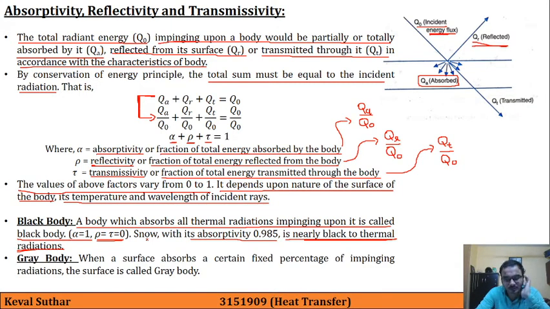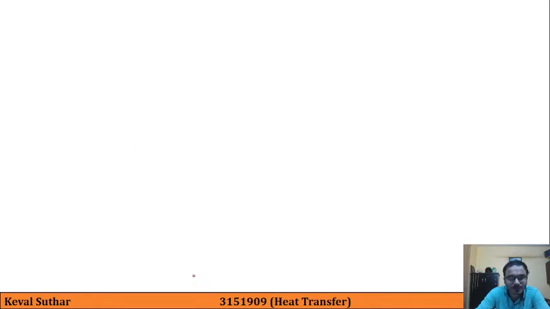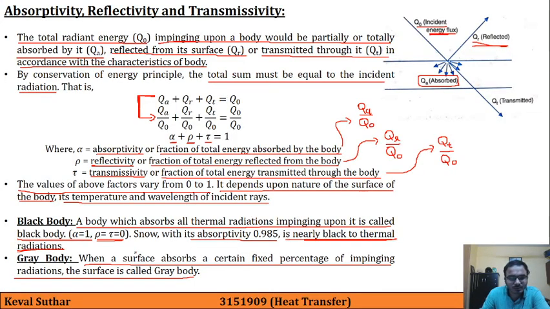The next is grey body. When a surface absorbs a certain fixed percentage of impinging radiations, it is known as grey body. So here the absorptivity for grey body, alpha, will be less than 1, but surely it will remain constant.